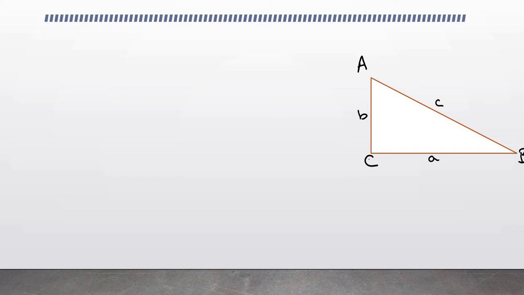It's common practice to use capital letters for the angle measures, and the side opposite to each angle uses the same lowercase letter. And we always use C for the hypotenuse. That's how we get our A squared plus B squared equals C squared. So angle A is one of the two acute angles. It is opposite side A. Angle B is opposite side B, and angle C is opposite the hypotenuse, or side C.